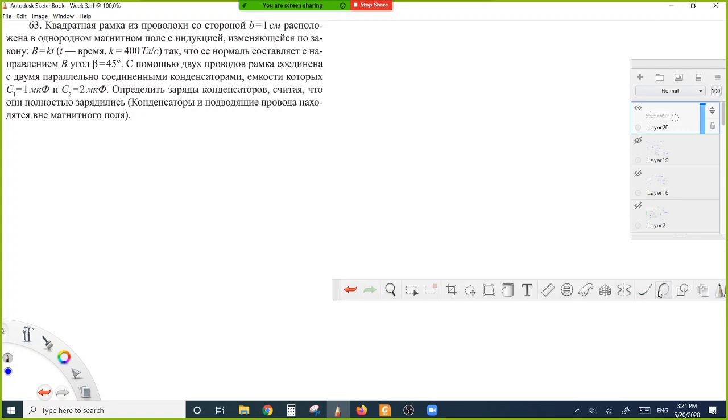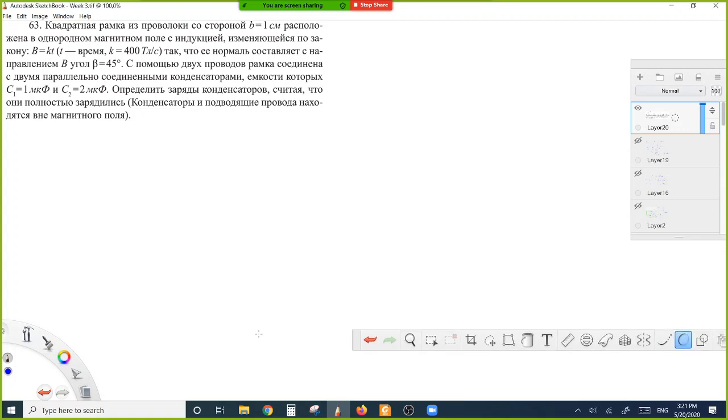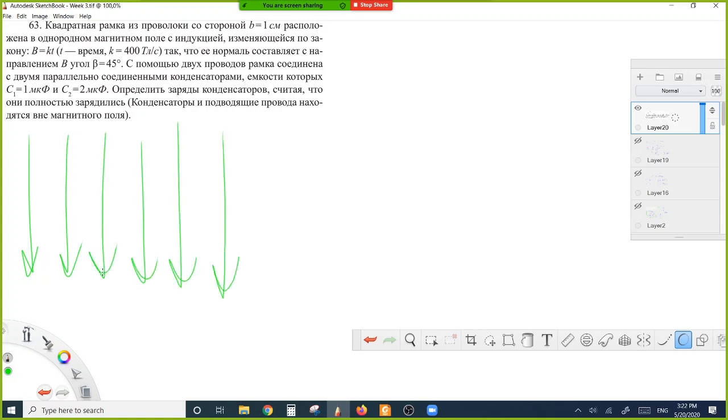We have again a magnetic field with flux density B, which is given as again kt, and we have a square loop with the side of b, which is again 1 centimeter.